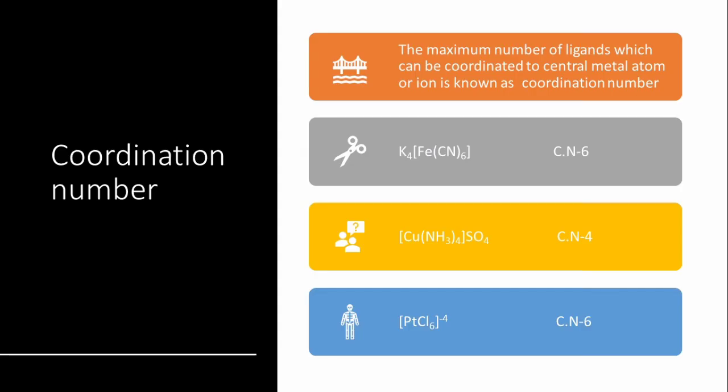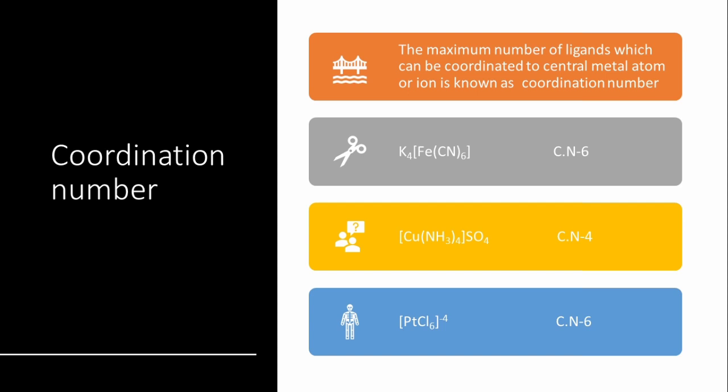Coordination number. What is a coordination number? The maximum number of ligands which can be coordinated to a central metal atom or ion is known as the coordination number. For example, in K4[Fe(CN)6], inside the coordination sphere, the central metal ion is surrounded by 6 cyanide ligands.